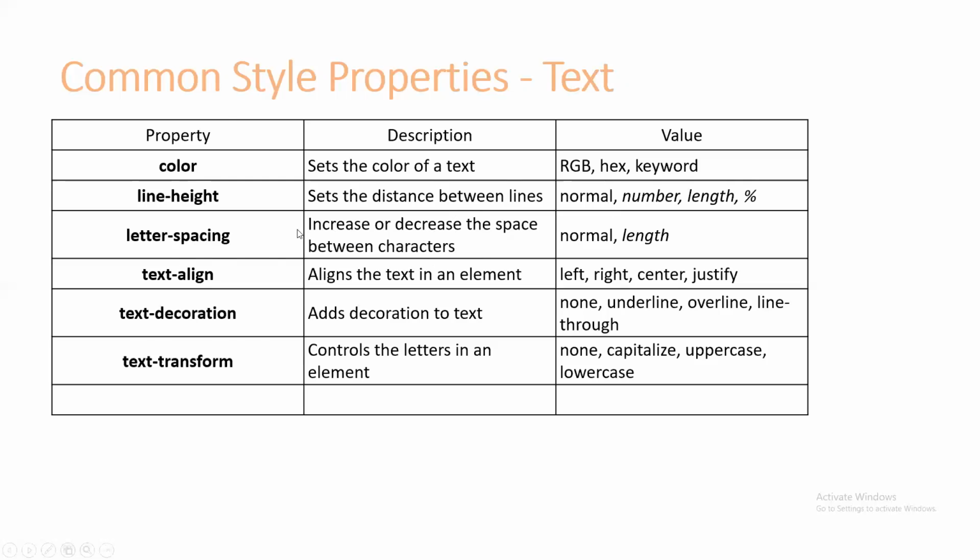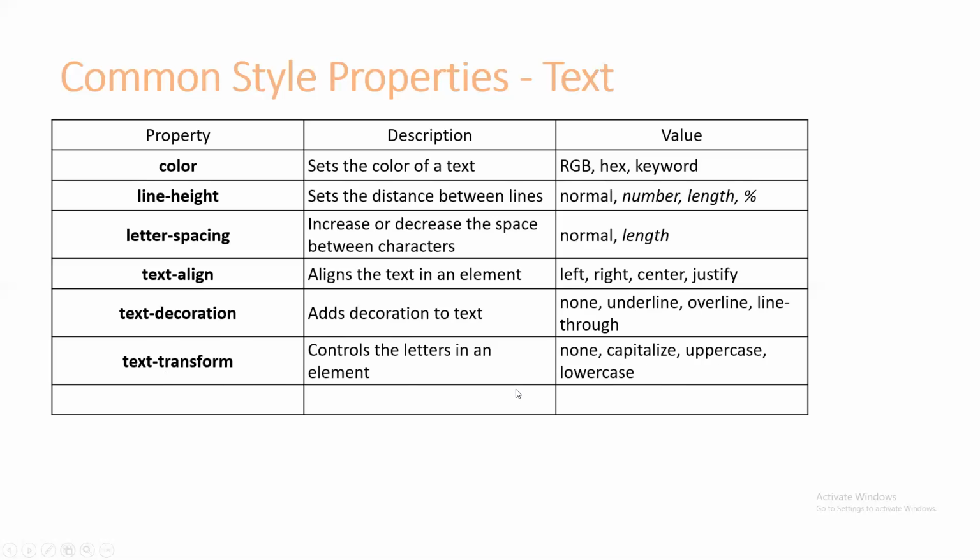Letter spacing gives some space between the letters. The text align property is used to align the text left, right, center, or justify. For text decoration, we use none, underline, overline, line through. And text transform, if we want to use capital, uppercase, or lowercase.